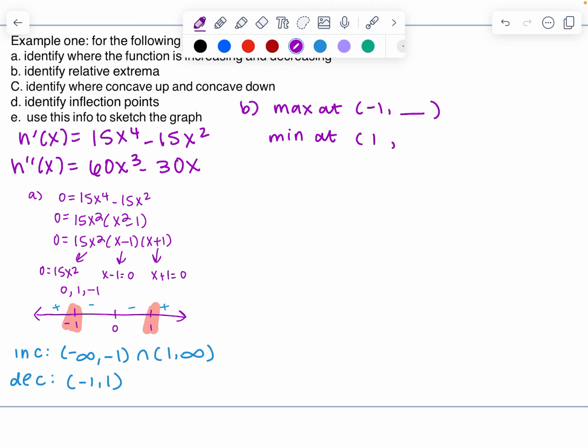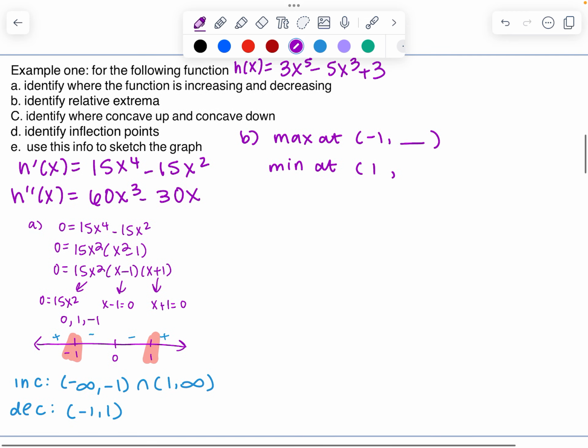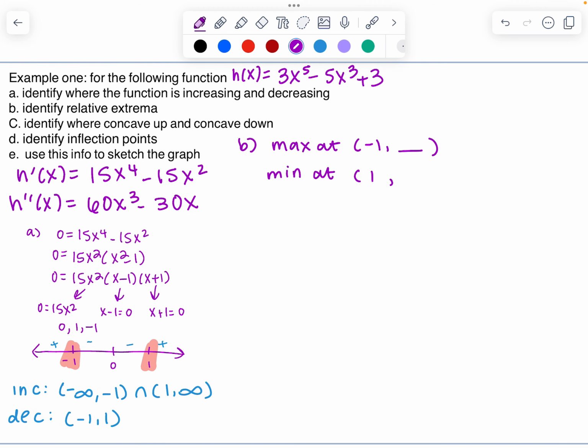And so we know where the max and min are going to happen, but we also need to know, if we were looking at the original graph, how high or low they would be. To make a more accurate graph like this is important. And so to actually figure out the y value, I'm going to plug -1 and 1 back into the original function. I'm just going to think about it in my head because these numbers are so small.